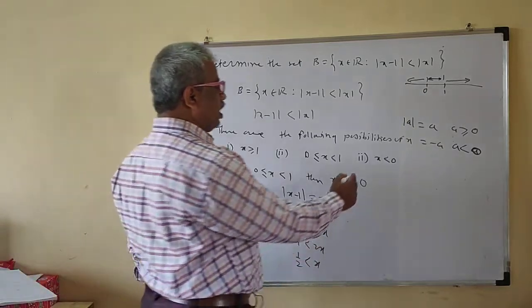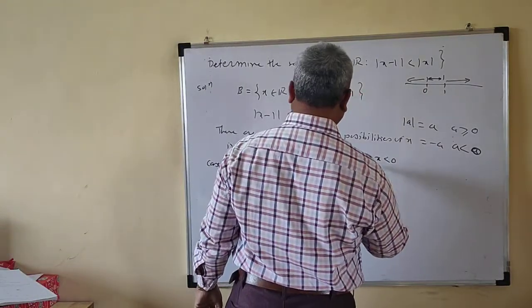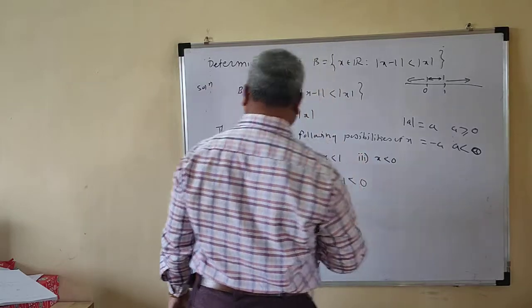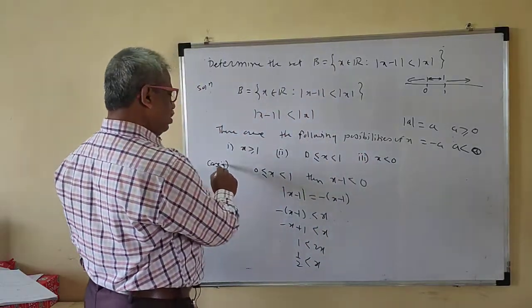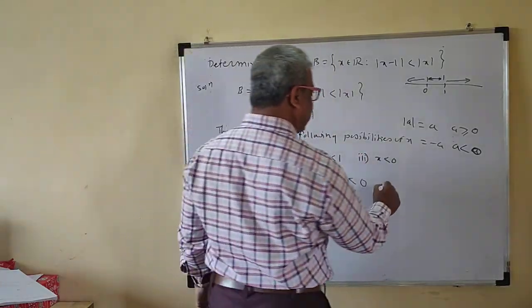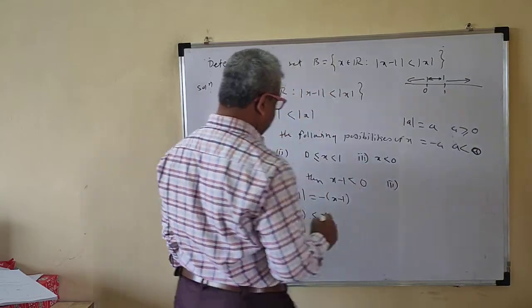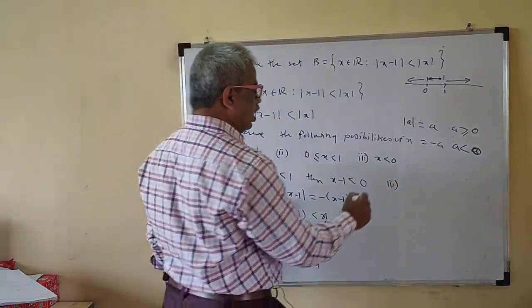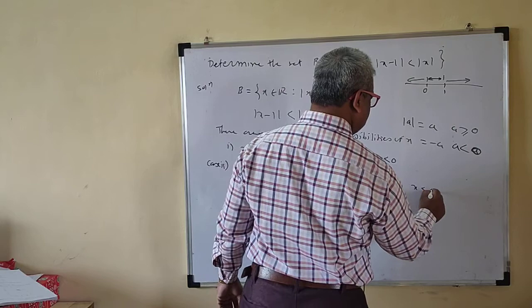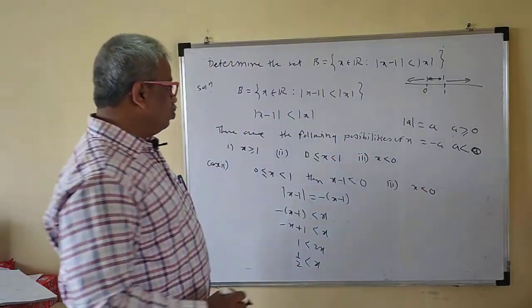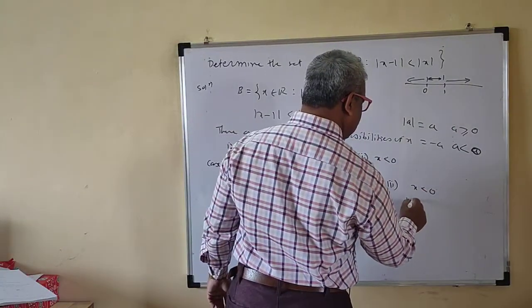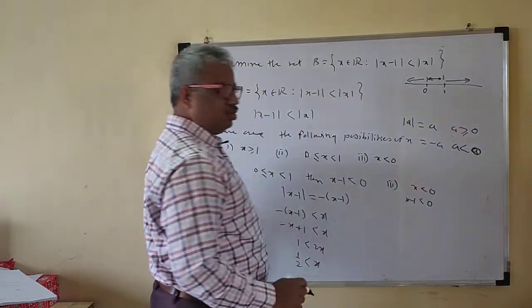Now what about x less than 0? This is case third. The previous one was for the second case. For case third, x is less than 0, so x minus 1 is also less than 0.